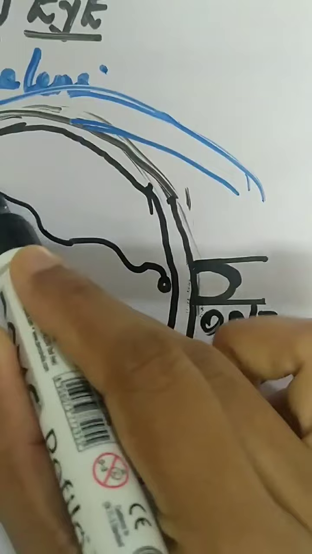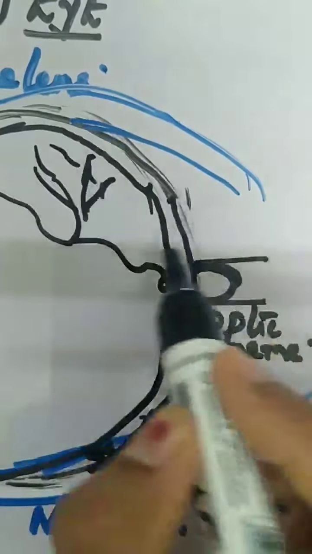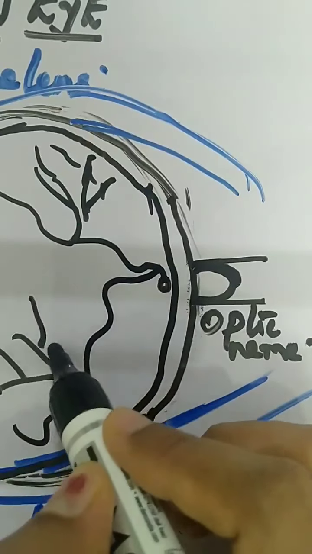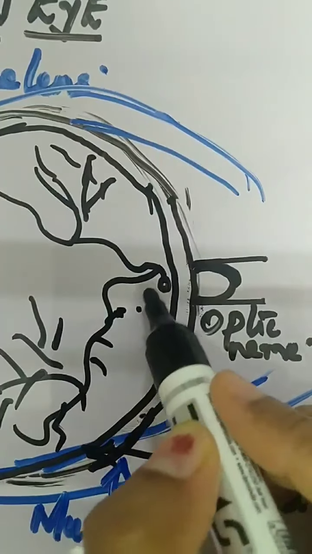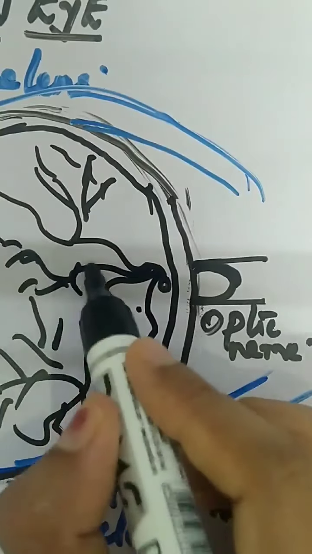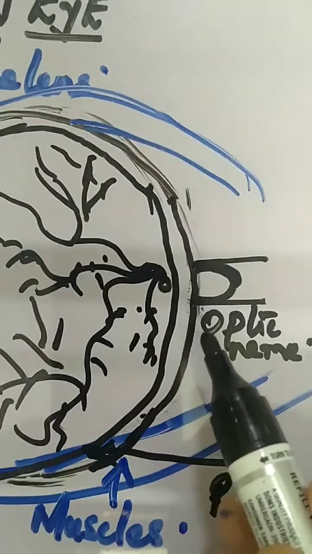So show a few nerves like this and a few branches. Further branches, same way. Show a few more branches, as many as you want. There is no hard and fast rule that this much or that much. Optic nerves.